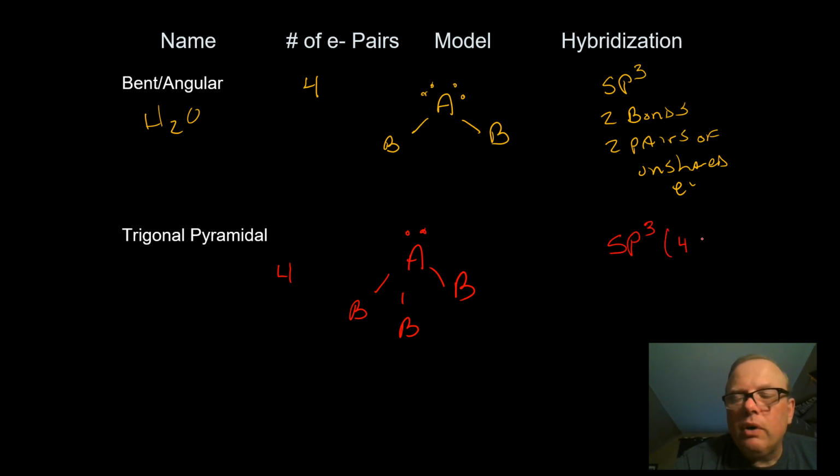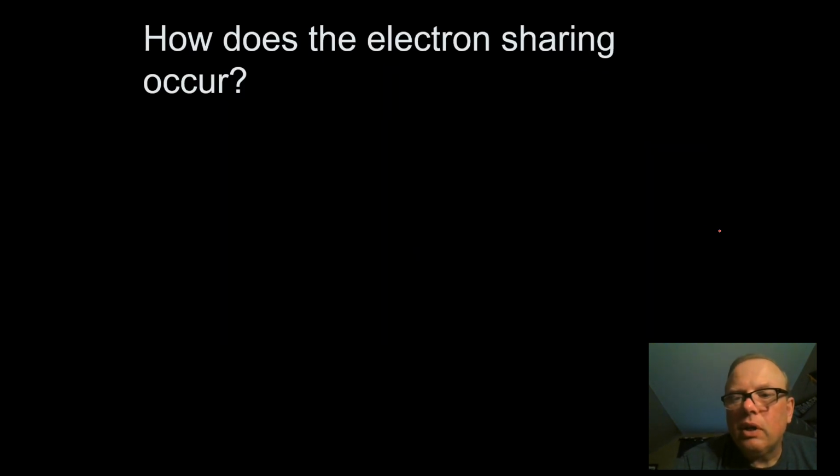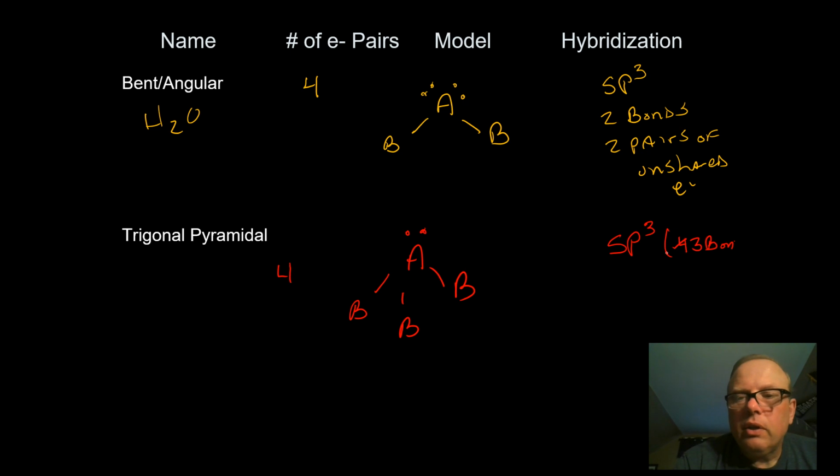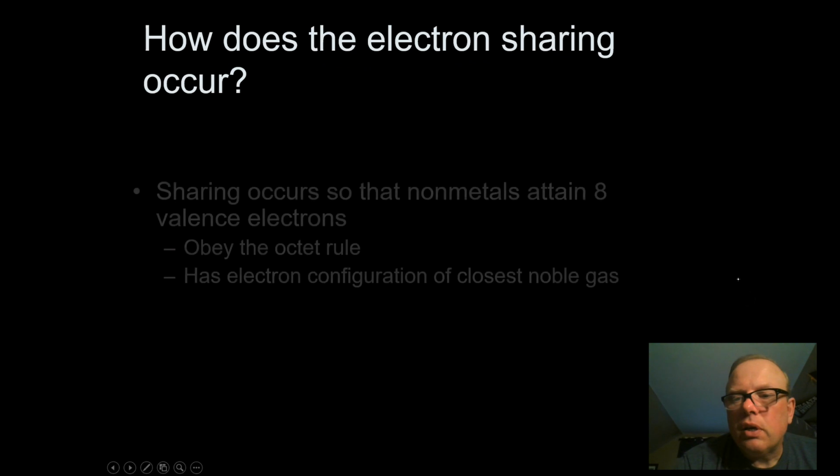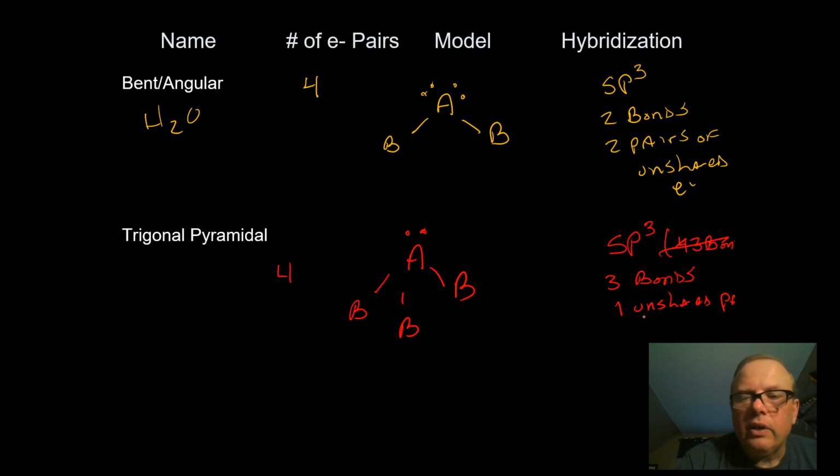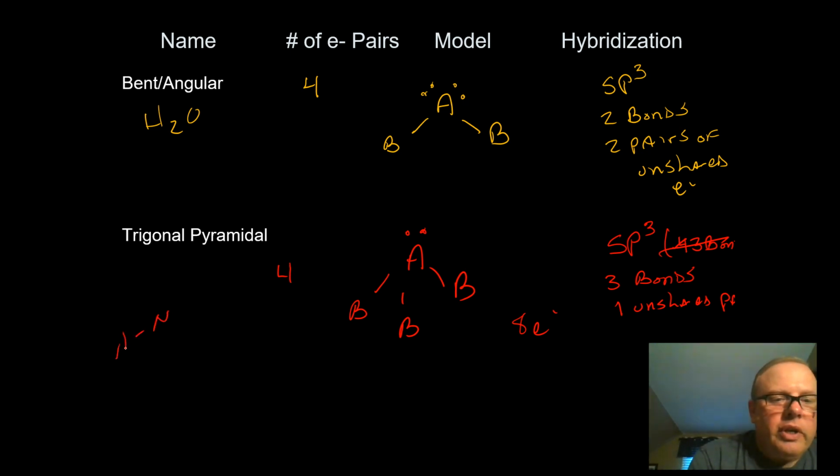We have 3 bonds and 1 unshared pair. So what we have then is 8 electrons around the central atom. And so it looks like this. Remember last week we drew nitrogen and you drew this for me very successfully in almost every case. That was a trigonal pyramidal shape.